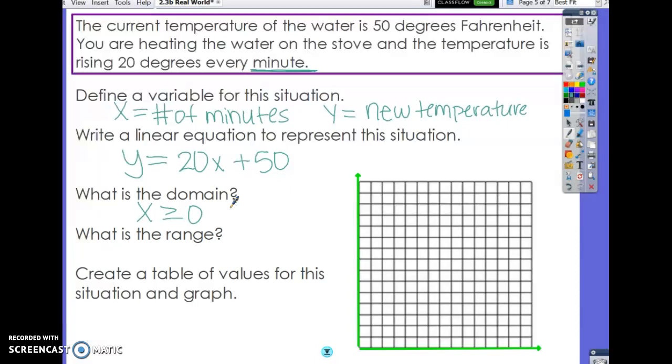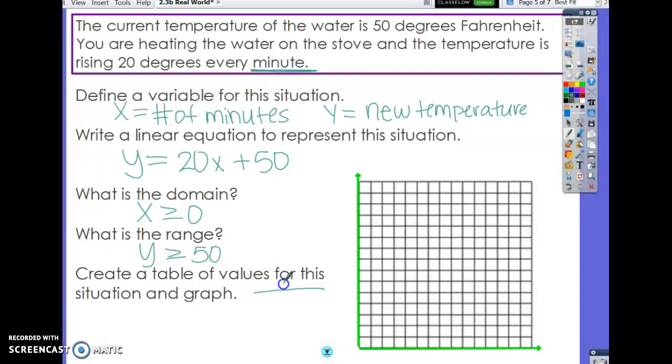There's no maximum. For the range, well, if X is 0, if we've been doing this for 0 minutes, the temperature is still going to be 50 degrees. So that's our minimum temperature. And again, since we don't have a max number of minutes, we don't have a max temperature. Well, now we can create our table of values.